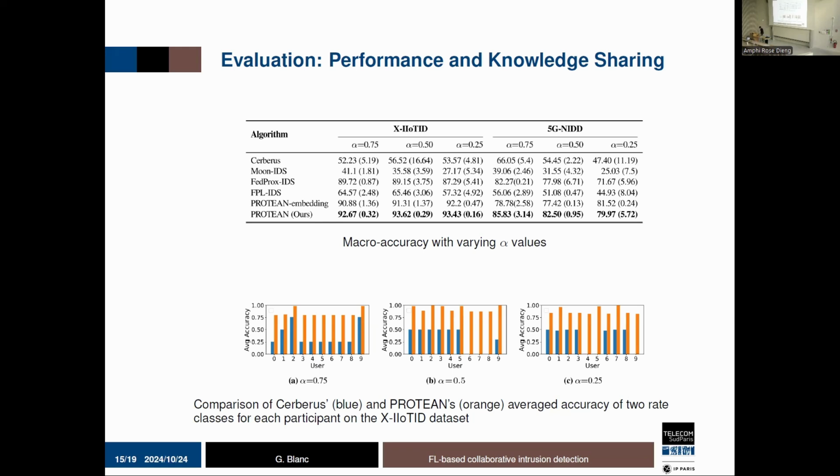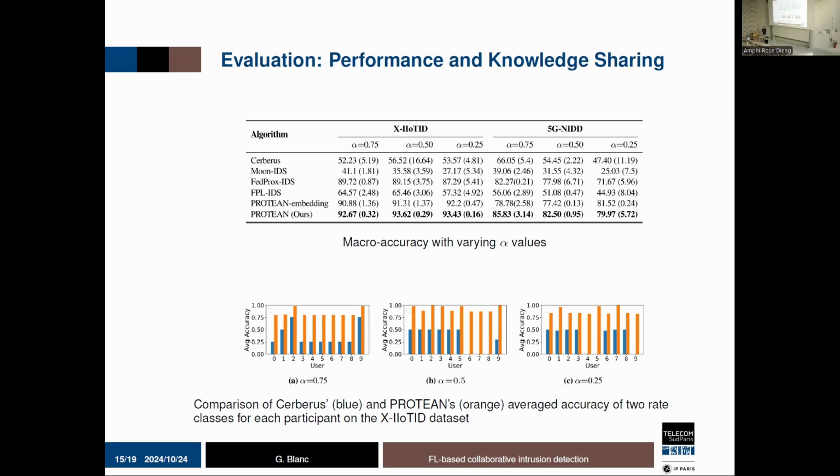But what was also important for us is the graph that you have at the bottom, where we had some of the clients that didn't know about, for example, 2 attack classes, really nothing. They have no training data.